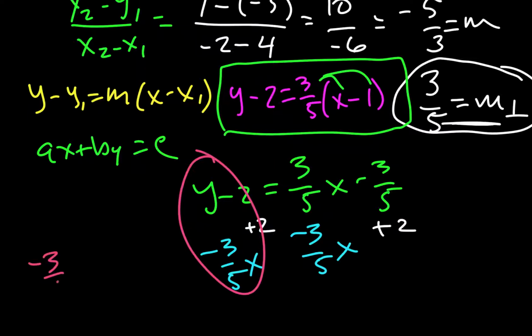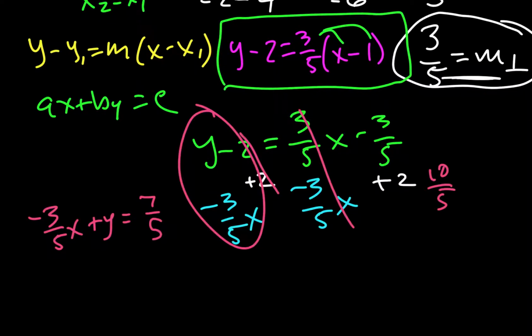So negative 3/5 x plus y. Those cancel. Those cancel. And this, we're going to think of the 2 as a 10/5. So we have a common denominator, which leaves a 7/5 right here. In general form, 2 things. We can't have fractions for coefficients, so this doesn't work, and we don't want to have negative.